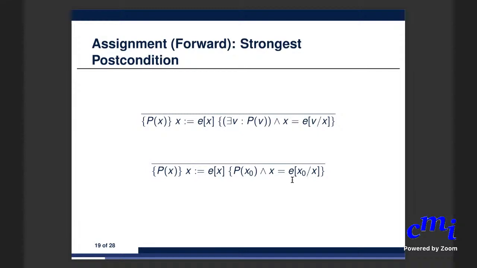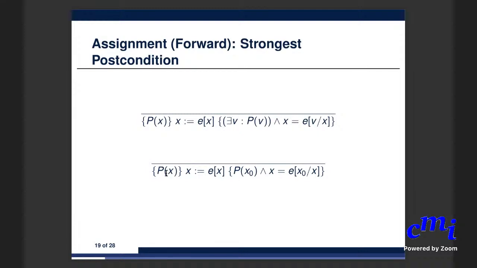Then I can substitute in E every instance of X by that arbitrary constant, and that's what X will be. That's what this part is stating. And then P of X naught has to be true.